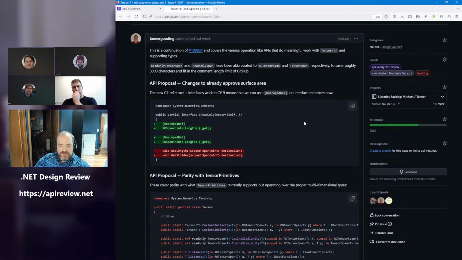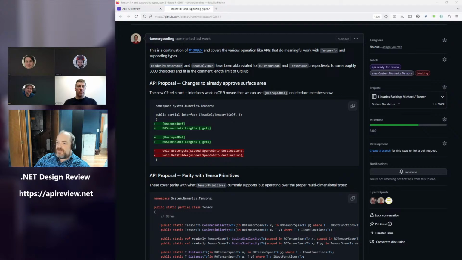And a struct implementing the interface that didn't require it to be unscoped ref could leave the annotation off if they were not tying it to their own lifetime. So someone accessing the member directly on the concrete type would see it as normal, and someone accessing it through the interface would see it as unscoped. Okay, that actually makes sense. Yeah. So the interface is the most conservative declaration. Yes. That second one should be strides, though. It shouldn't be lengths.